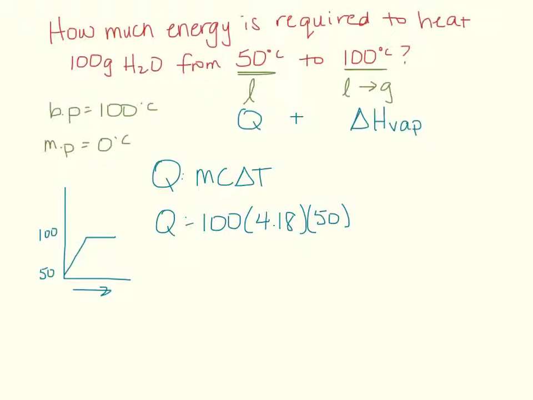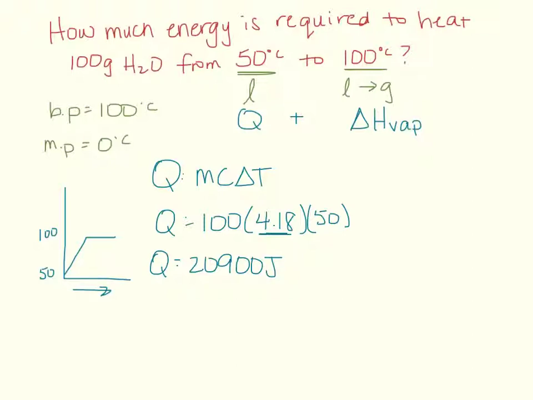Okay, so I plug it in, and I get 100 times 4.18 times 50, and I get a Q value of 20,900 joules. Remember, it's joules because my specific heat of water was in joules per gram per degree Celsius. So my final answer for Q needs to be in joules.